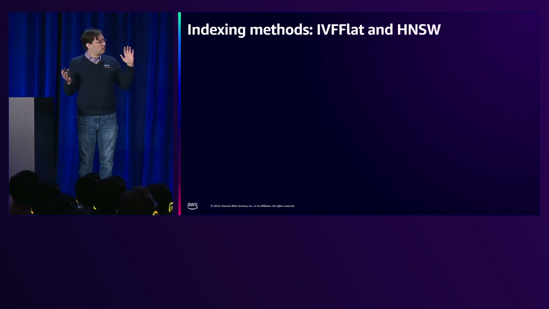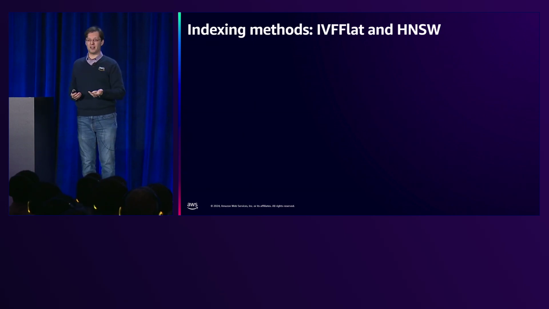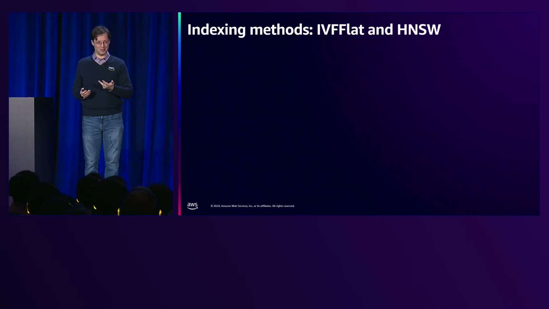Now, the gist of this talk is going to be about approximate nearest neighbor search, because we can understand how to do exact nearest neighbor search. It's searching across all the different data, and ultimately you're going to be bound by the size of your data set, the number of cores you have, and the amount of time you want to spend to be able to compute that. But pgvector offers two approximate nearest neighbor search methods.